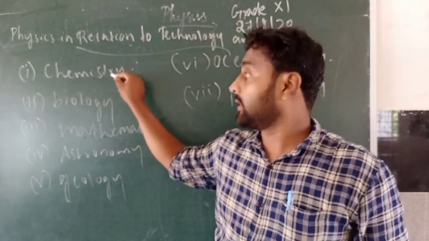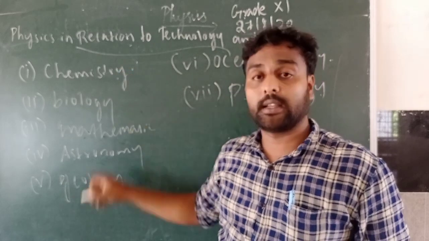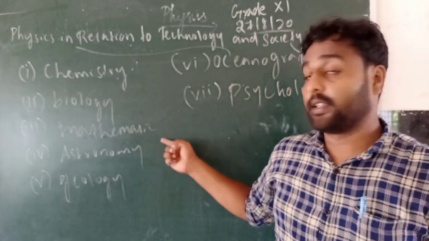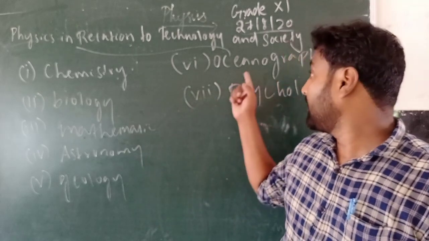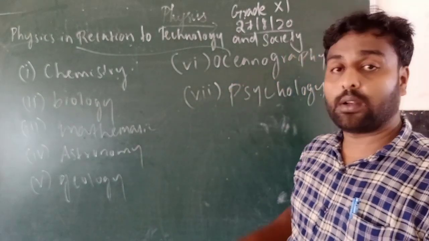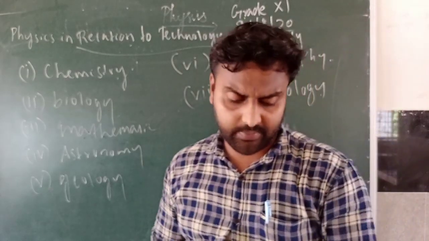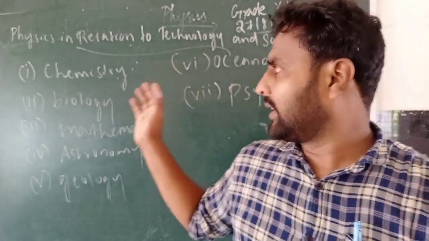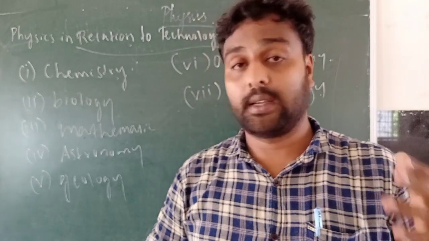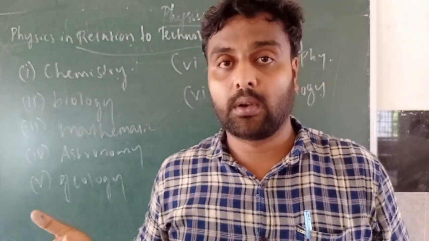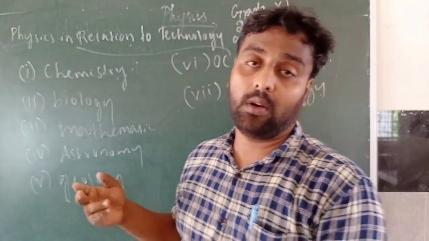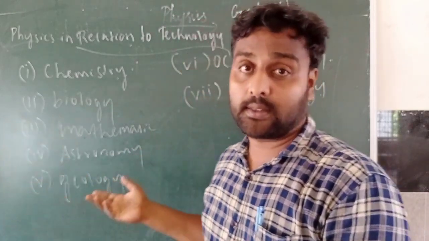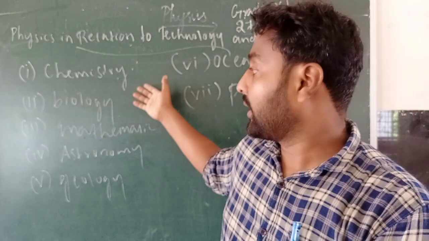First, physics in relation to chemistry, biology, mathematics, astronomy, geology, oceanography. The last one is psychology. Remember this. In chemistry, how is it helpful? In physics we study the structure of the atom, which helps chemistry researchers arrange the periodic table.